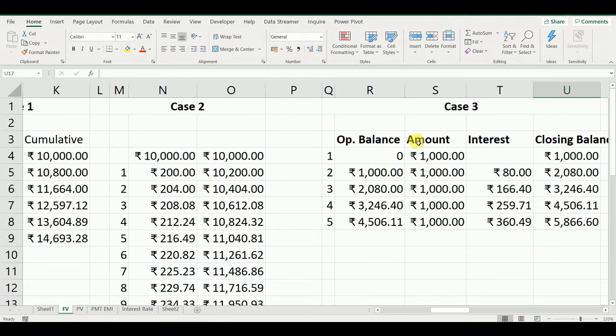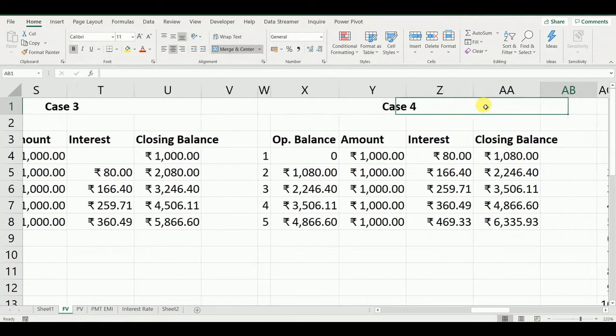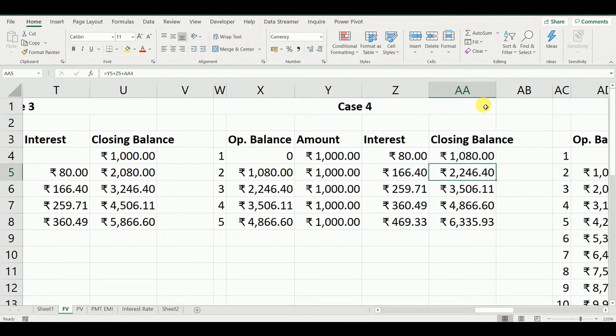So we'll move to case 4. Now you can see in this case, as we are investing in the beginning of the period, we will get the interest on the first month, first year also. So after the end of the first year, we have got the interest of rupees 80. Then in the beginning of the second year, we got 1080 plus 1000 rupees.